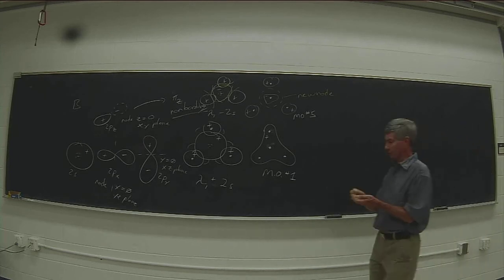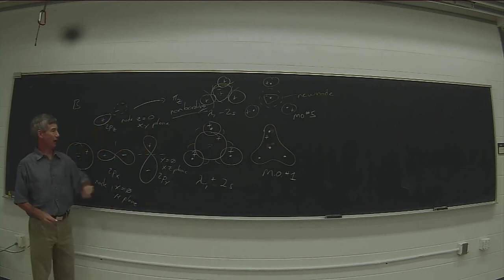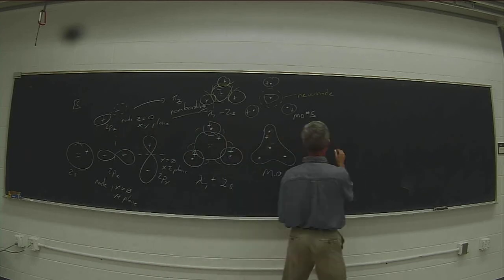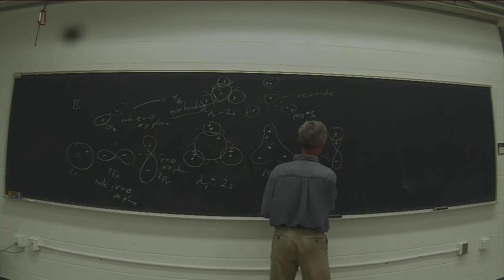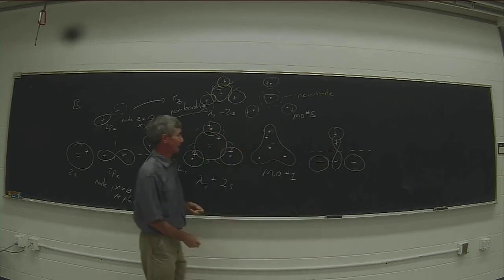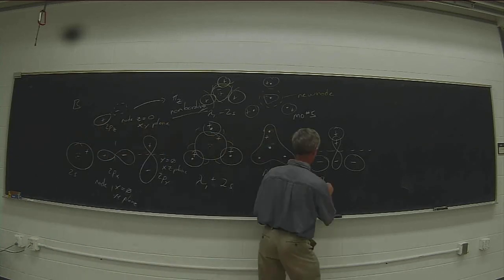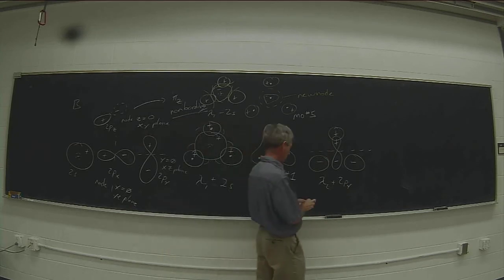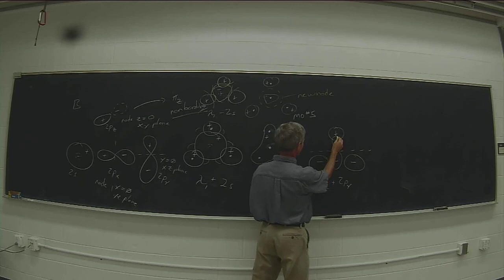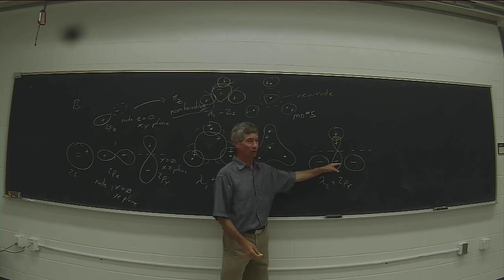Now let's look at the possible combinations of lambda 2 with the 2py. Those are the ones that have the y equals 0 and the xz plane as the node. So we get a bonding interaction. We actually have some constructive overlap here for sure, and we probably have a little bit of constructive overlap here as well.